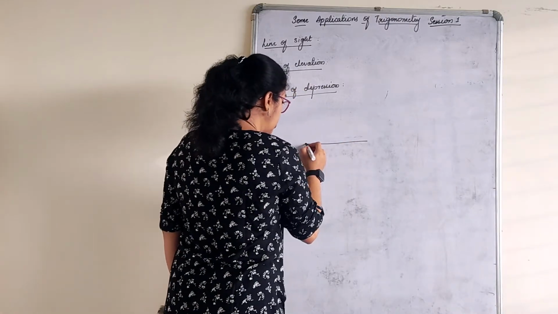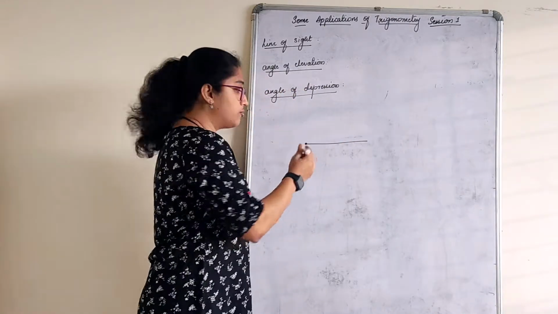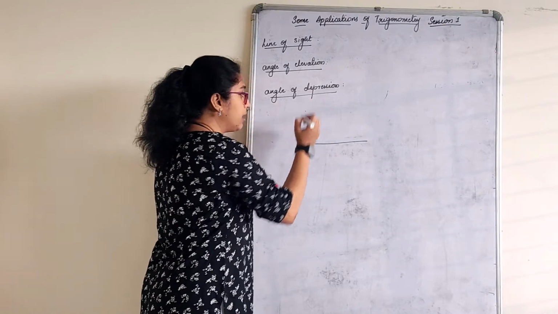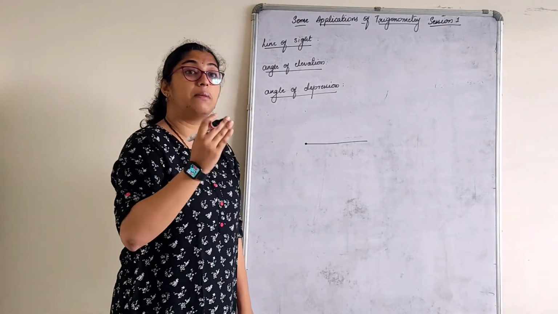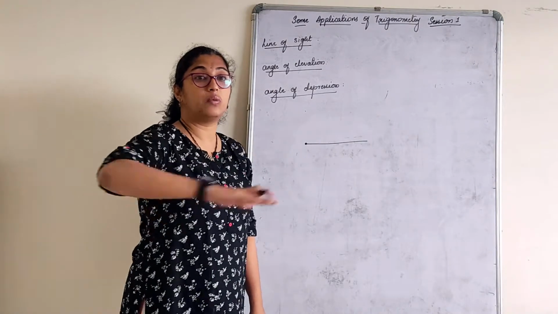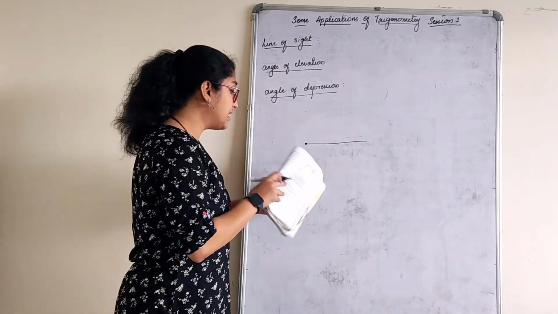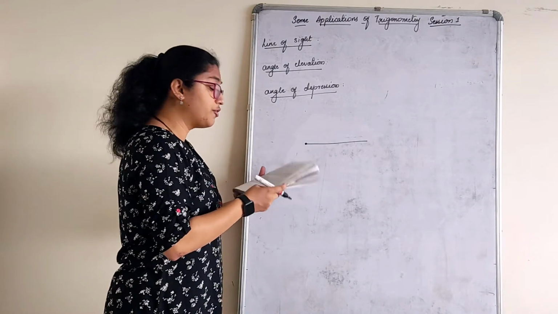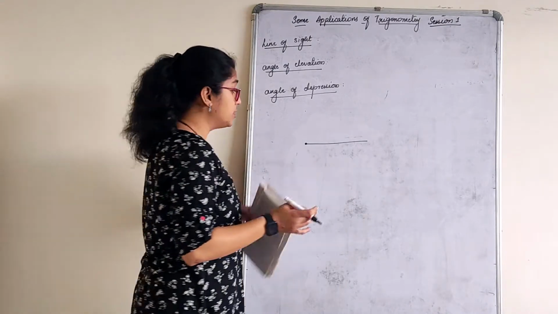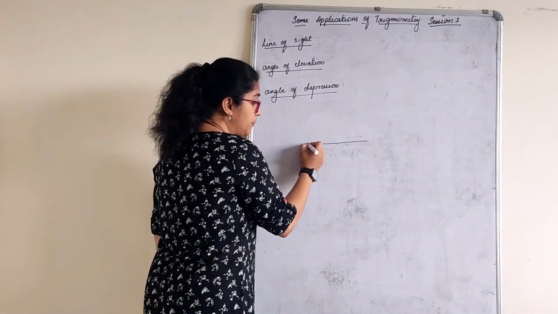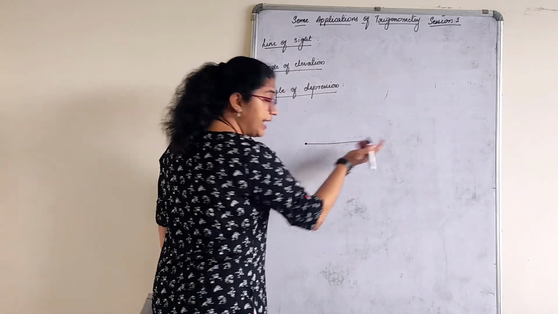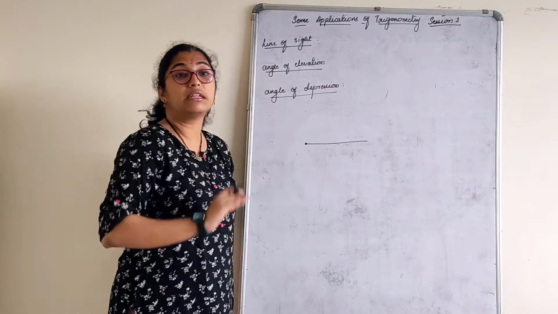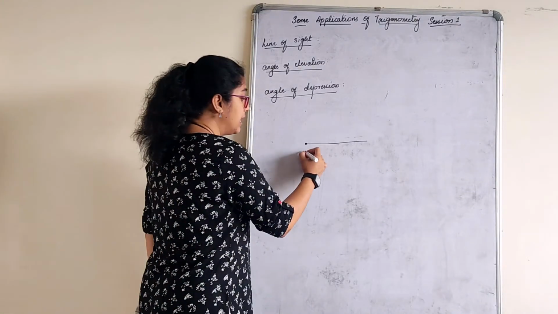Line of sight is a line which is perpendicular with respect to the ground, or we can say it is the line drawn from the eye of the observer to the point being viewed. A straight line that I draw with respect to the ground is always called the line of sight.